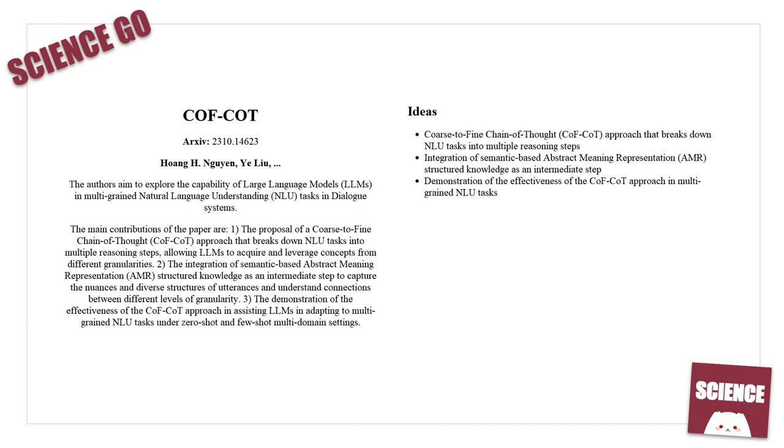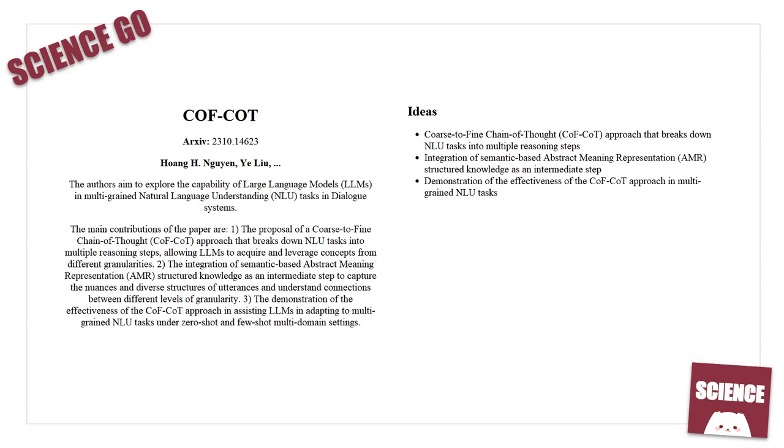The paper CoF-CoT introduces a new approach called coarse-to-fine chain of thought to help large language models better understand and process natural language in dialogue systems. The authors break down the tasks into smaller steps, allowing the LLMs to acquire and use concepts from different levels of detail.